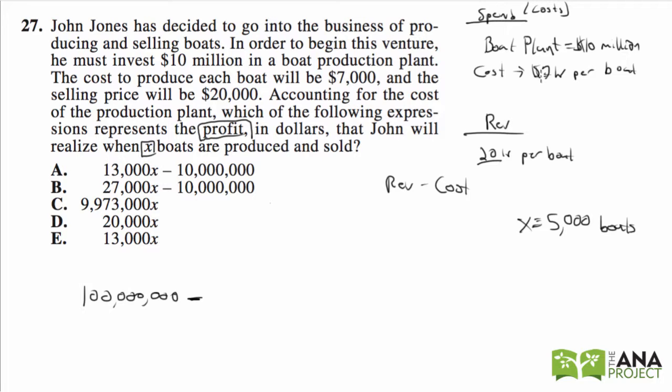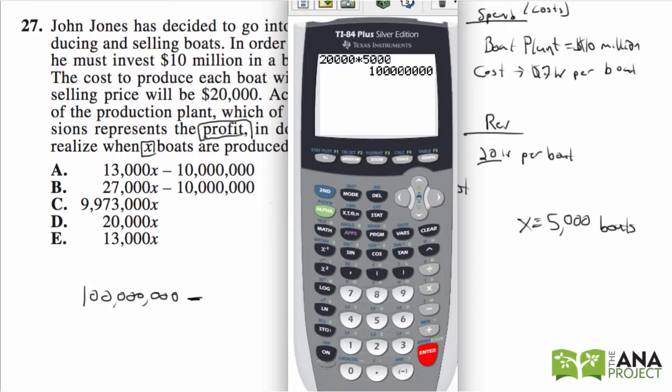7,000 per boat. So if you go in your calculator, the cost is 7,000 per boat, and 5,000 boats are produced, then we get 35 million.